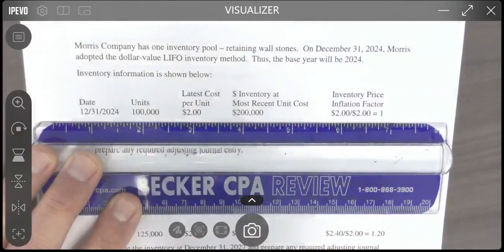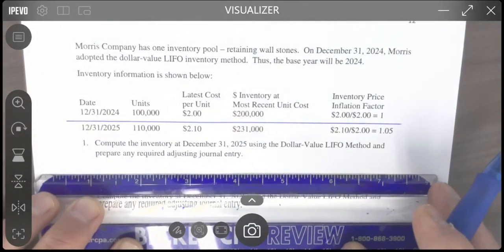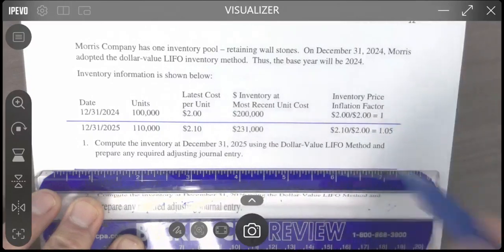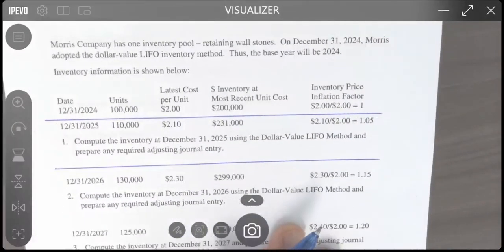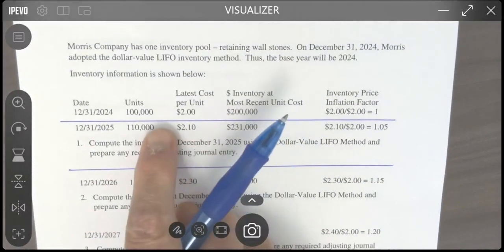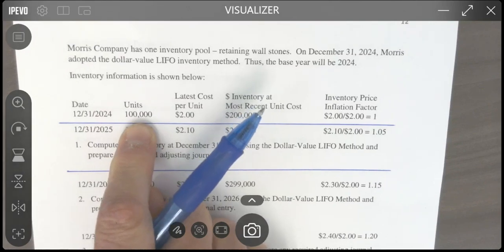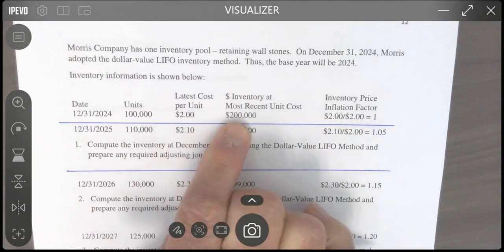Won't take us very long to get through 2024, for reasons you'll see soon. At the end of 2024, Morris had 100,000 retaining wall stones. Their cost was $2 per stone.